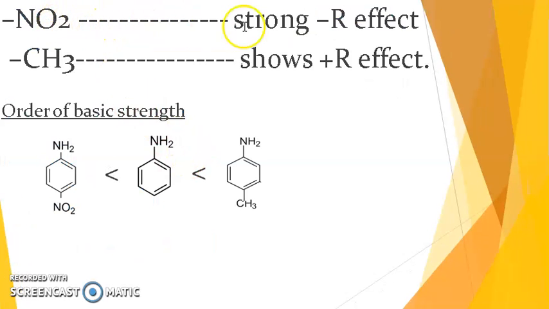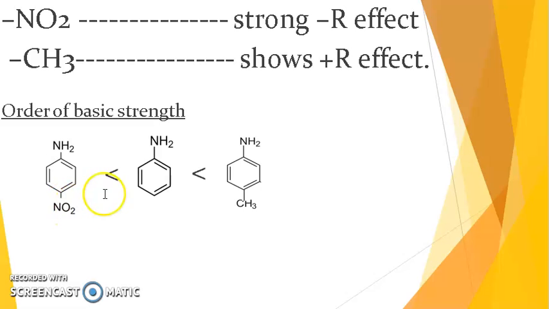So, what will the NO2 group do? It has a strong minus R effect, and the CH3 group shows the plus R effect. So the CH3 group will donate the electron here, and NH2 also donates the electron, so it will have more basic strength than this one.